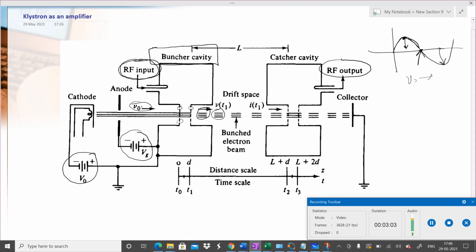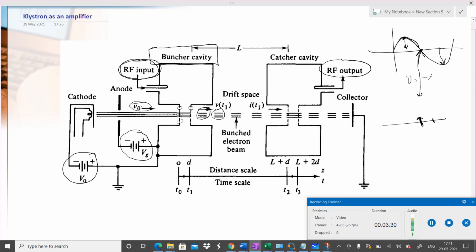Suppose some electrons left the cavity at a time when the field was zero, so they will be moving with constant velocity. But at a later time, there will be an electron which is accelerated because of the positive field.